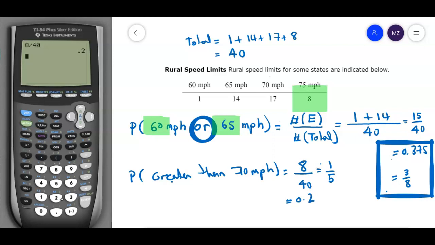Otherwise, you go to math and transform it to a fraction. Enter, enter, and 1 over 5. There you go. These two answers should be correct, here or here. So let's go back to plug it in.